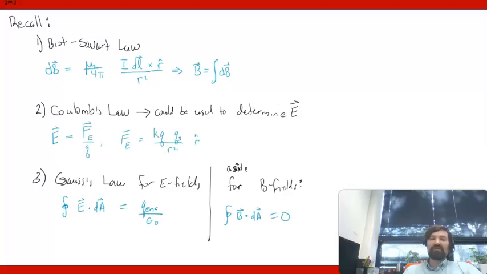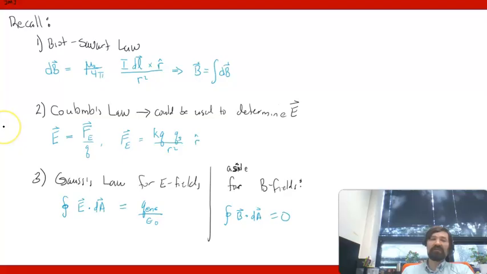Any situation in which it cannot, Coulomb's law is probably easier. There is also a differential form for Gauss's law in both cases, but that's neither here nor there.